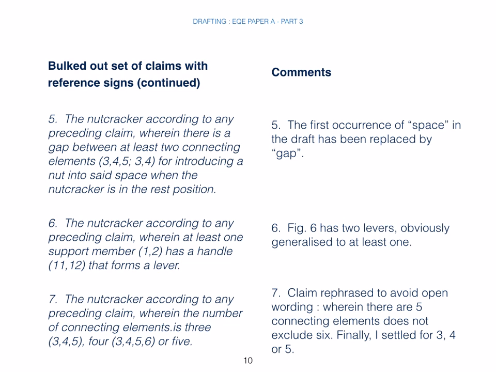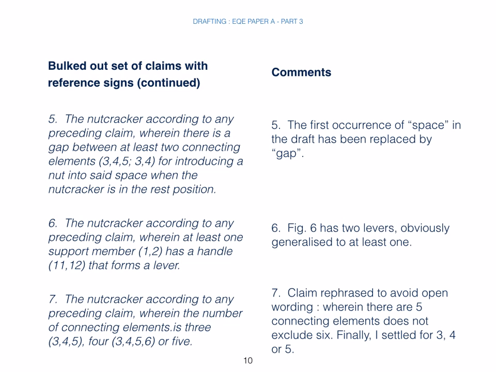Note that I finally corrected the space between at least two connecting elements to a gap between two connecting elements. Firstly, it complies with the client's terminology, and secondly, it avoids confusion with the space for the nut. So a correction occurred during the writing up of claim 5.